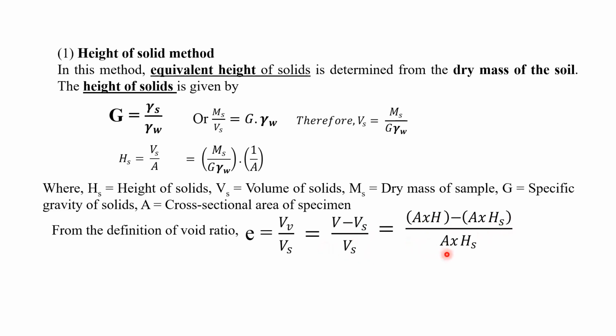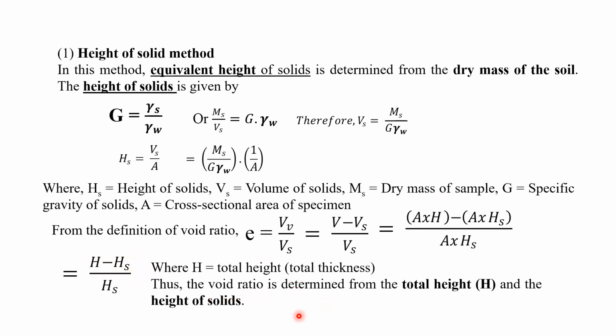We remove the A from the numerator and denominator, and finally we find the formula: void ratio is equal to H minus Hs by Hs, where H is the total height or total thickness of the sample.